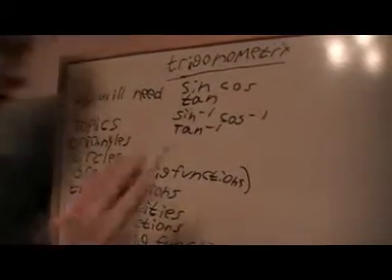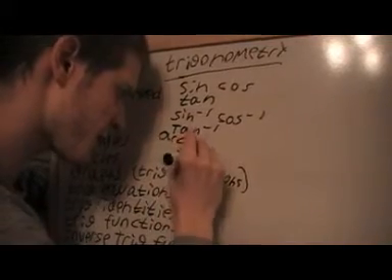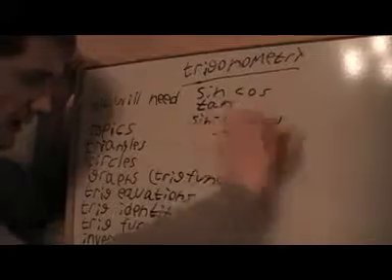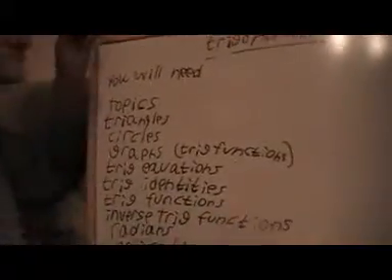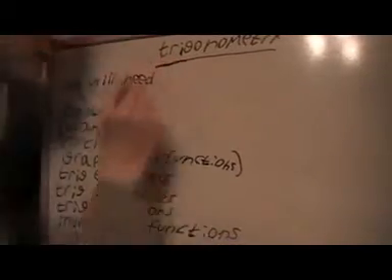Some calculators write these as arc, so they write arc tan, arc sine, arc cos, arc tan. That's just a different way that people write them. The ones with the minuses and the arc are basically the same functions, just so that there's no confusion about them being different.